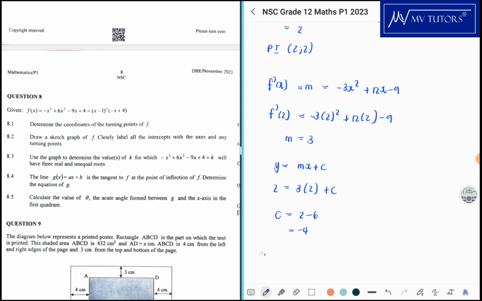Therefore, finally, the equation of g of x, in this case a, which is our gradient, is 3. So we have 3x minus 4. And that is the equation of the tangent line.